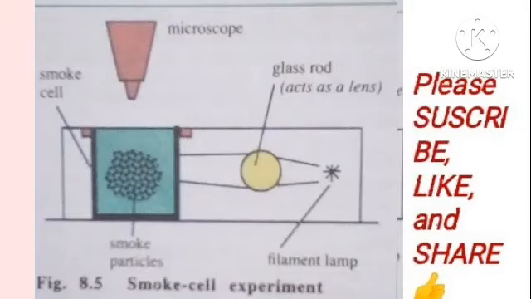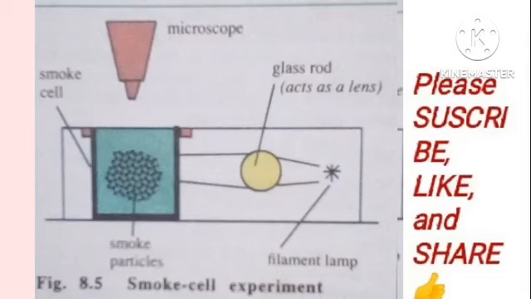Another effective way of understanding the particulate nature of matter is by the use of a smoke cell. The smoke cell helps us to observe the movement of smoke particles using a smoke cell and a microscope. The smoke cell consists of a small glass cell with a cover.